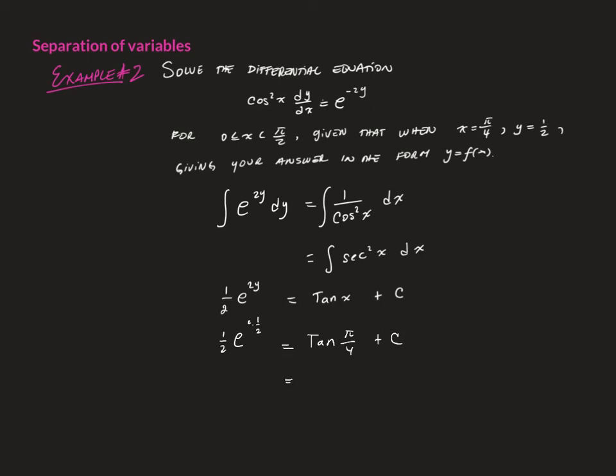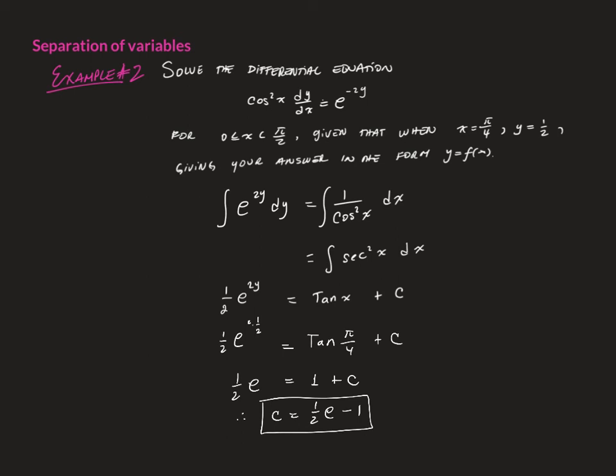Now we know that tangent of pi by 4 is 1, and e to the power of 2 over 2 is just e, so it's 1 half of e. That means the value of c is going to be 1 half e minus 1.